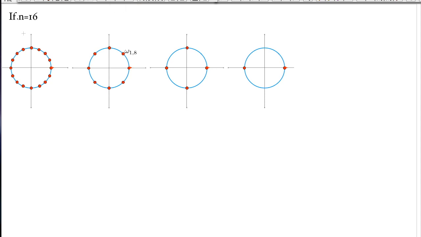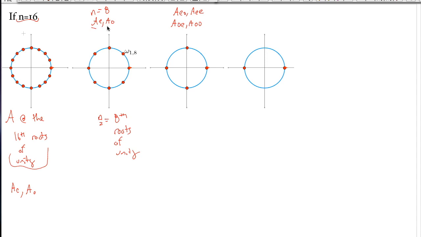So if we start with n equal to 16, we're going to evaluate A at the 16th roots of unity. And here they are. In the algorithm, we're going to recursively divide this into A_e and A_o. And so we're going to want, for n equal to 8, to evaluate A_e and A_o at the n over 2, or 8th, roots of unity.